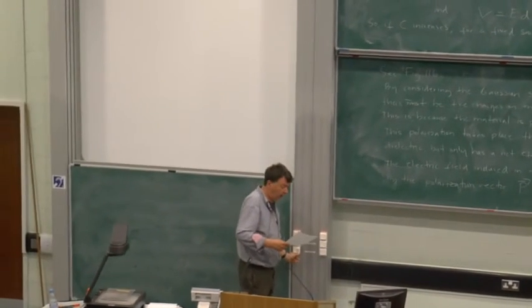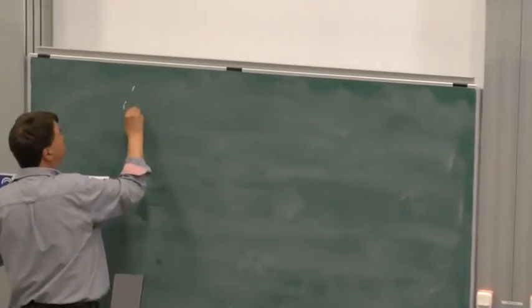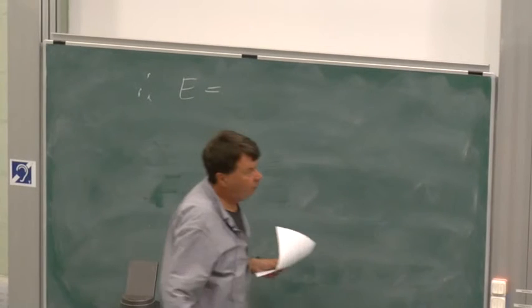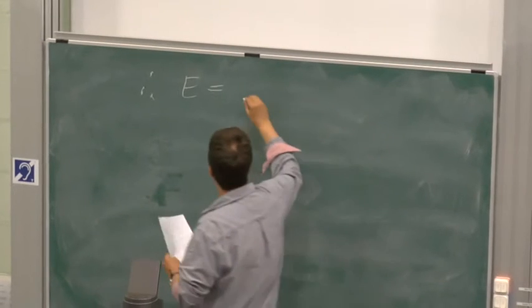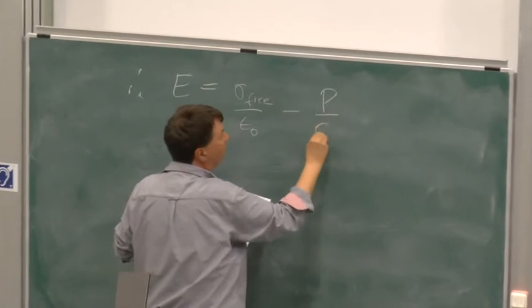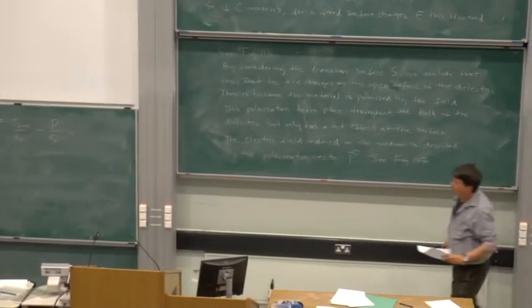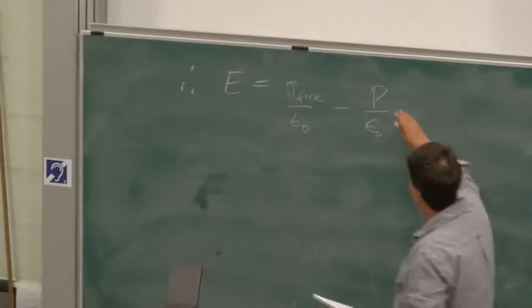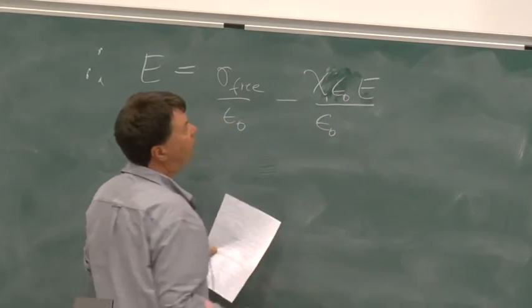So again, I'll just use this board so that we can see the whole calculation at one go. Therefore, E, if we now just want to put these results together, well, we've got already E is equal to sigma free over epsilon naught minus P over epsilon naught. Now, this is just simply rewriting this equation here. We now know that the magnitude of P is chi times epsilon naught times the magnitude of the electric field.